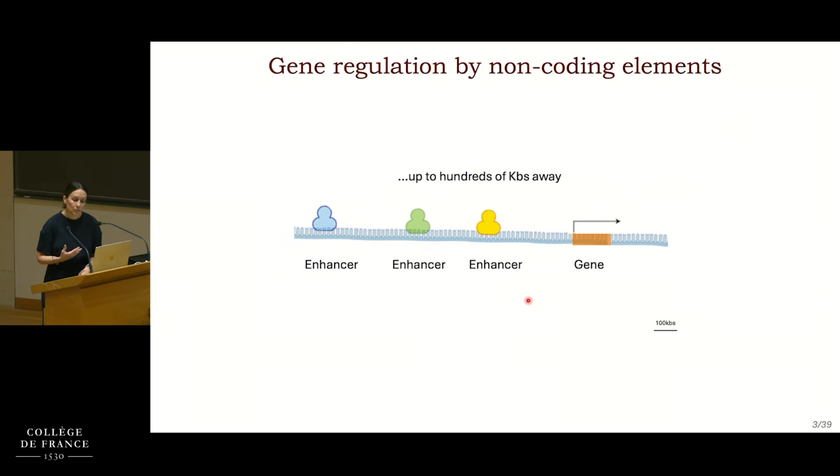So how does this gene regulation by the non-coding elements work? In order for genes to be expressed, they are normally controlled by several cis-regulatory elements, or enhancers, that can be located up to hundreds of kilobases away from their target gene. But we also know that in order to activate transcription, the enhancer and the gene need to be in close physical proximity.